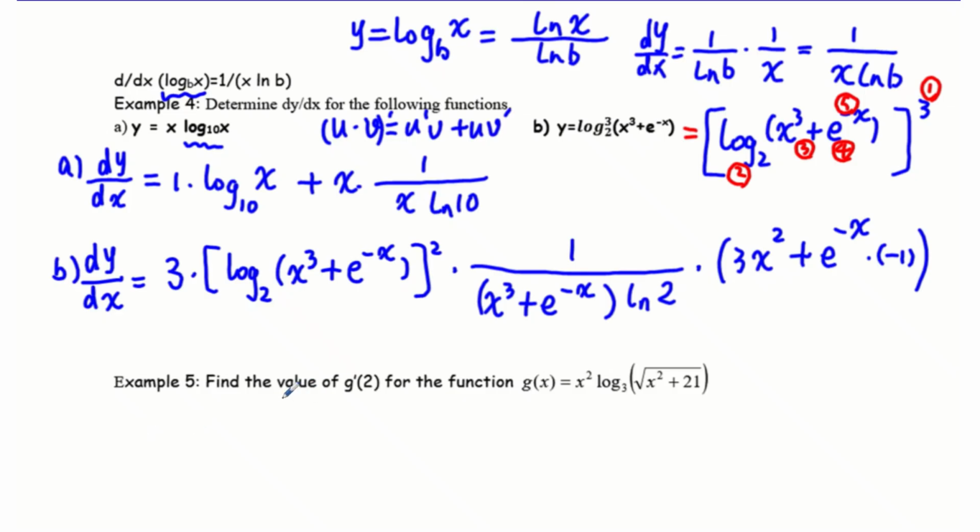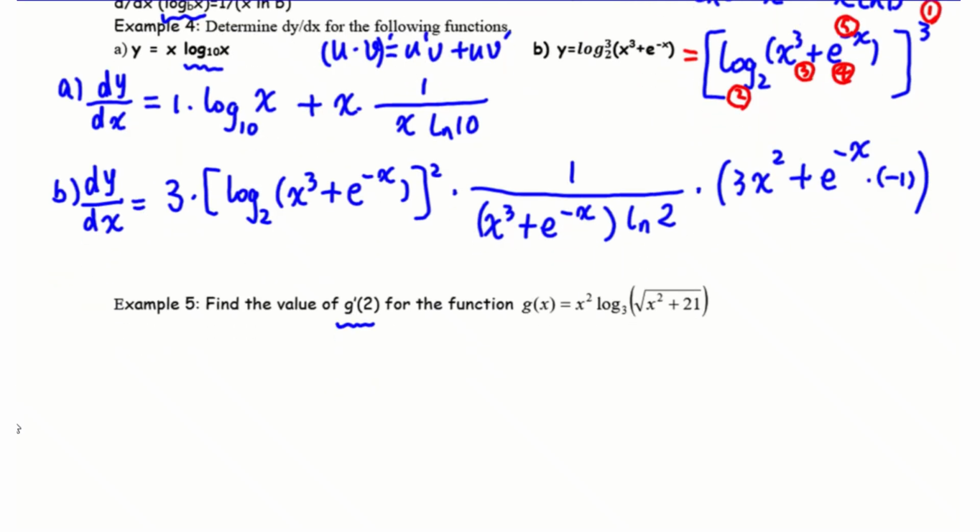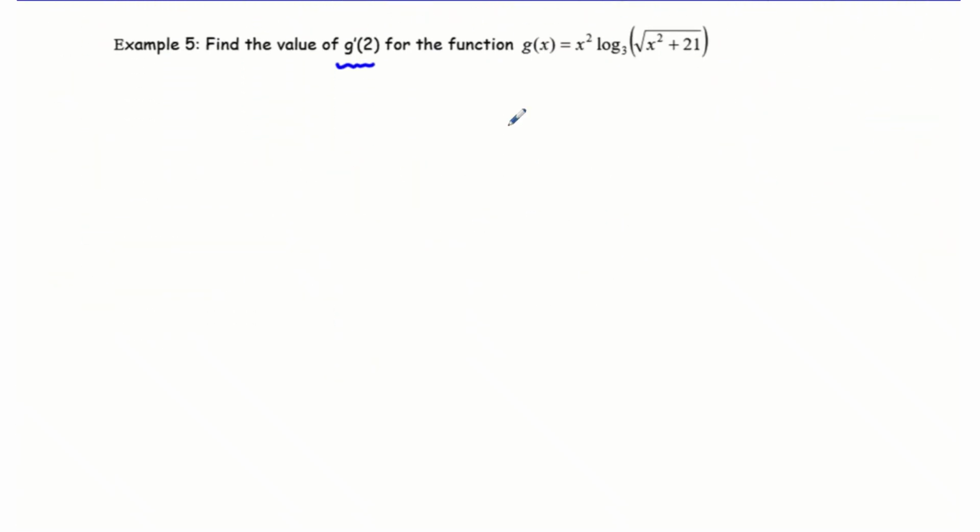So this one, find the value of g prime at 2 for this function. Okay, so for this function we have multiplication here, so we do the u v prime first. Then after that, this first one is just a polynomial. You just do the degree to the front and degree minus 1.